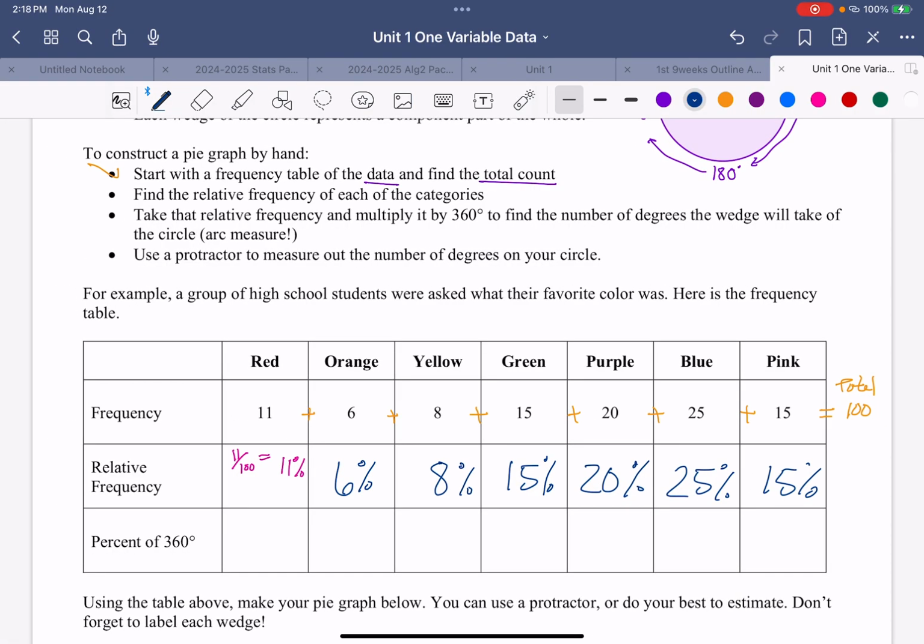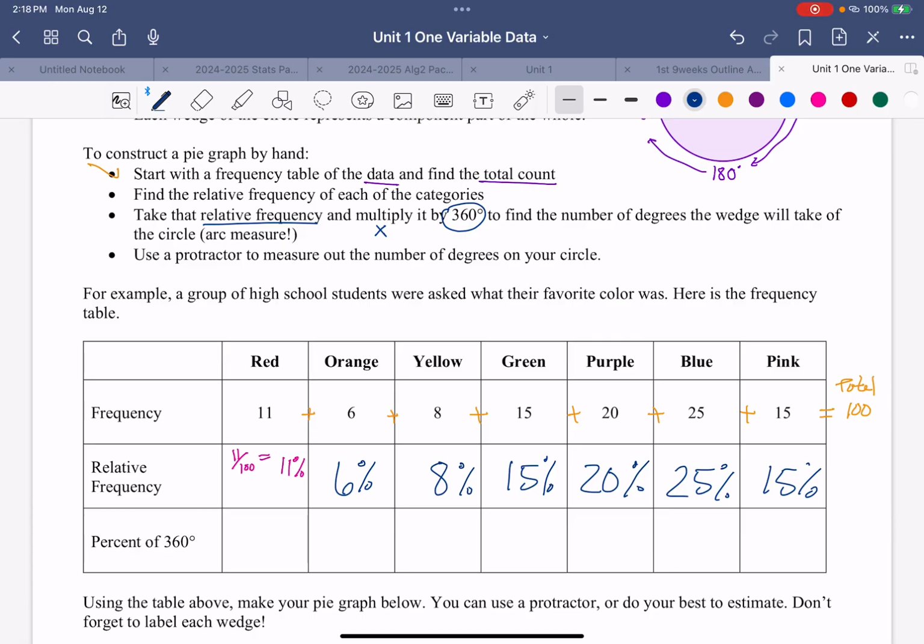We've got pretty much our relative frequency table, but now we need to break it down to put it in a pie graph. Remember, a circle is 360 degrees. So we take the relative frequency and multiply it by 360 degrees.